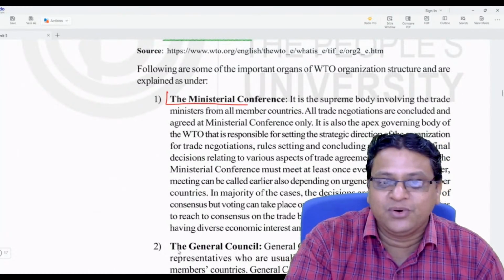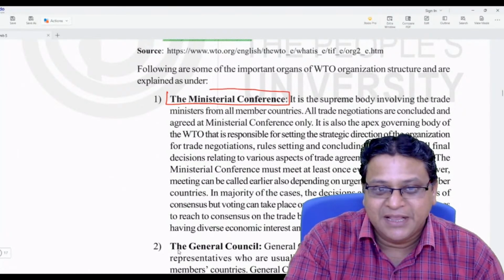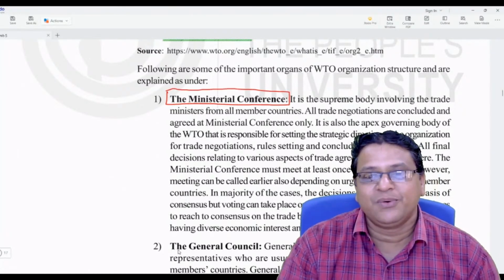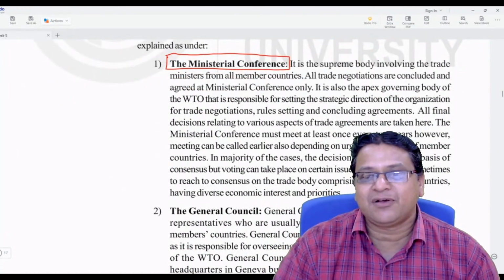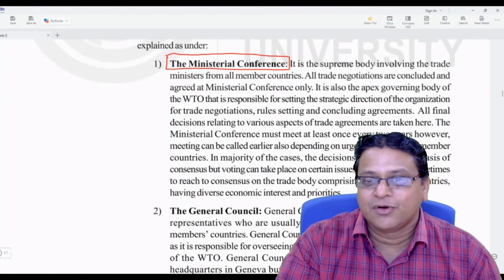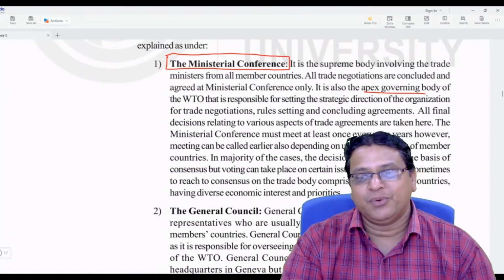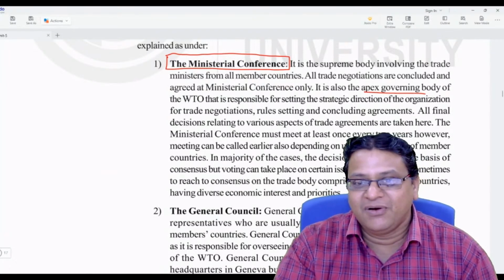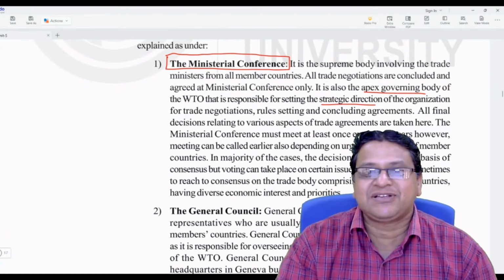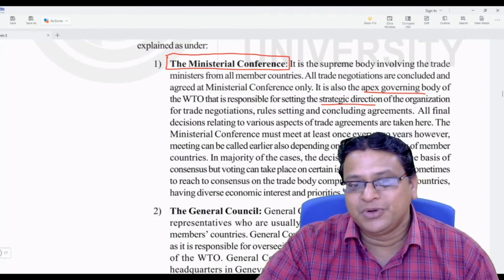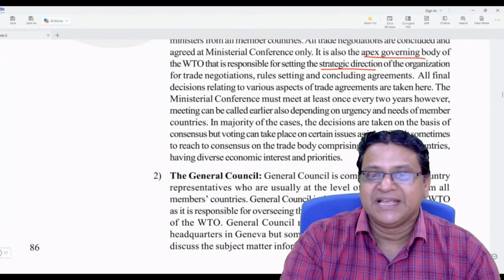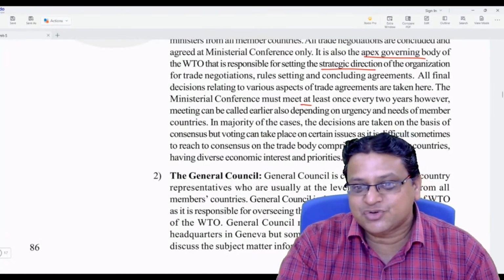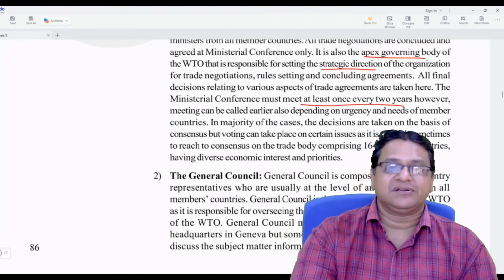I have already told you the highest decision making body in case of WTO is the ministerial conference, and this ministerial conference is the apex governing body of WTO, and it frames the strategic decisions. The ministerial conference meeting is held at least once every 2 years.